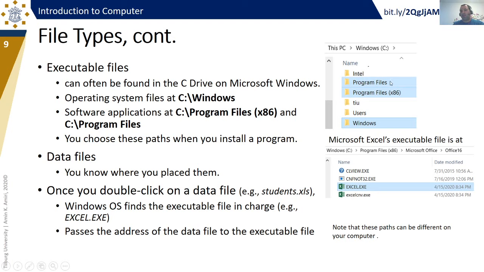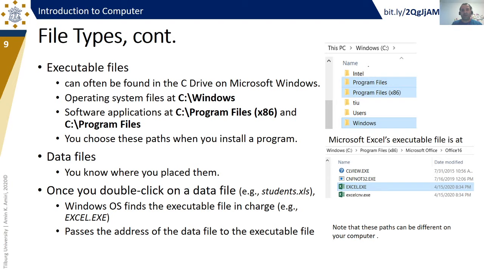The Program Files folder includes only 64-bit programs, but the x86 folder includes programs that have 32-bit instructions. You choose these paths when you install a program. So most of the time, if you go for the default path, they will be stored in either of these two folders.